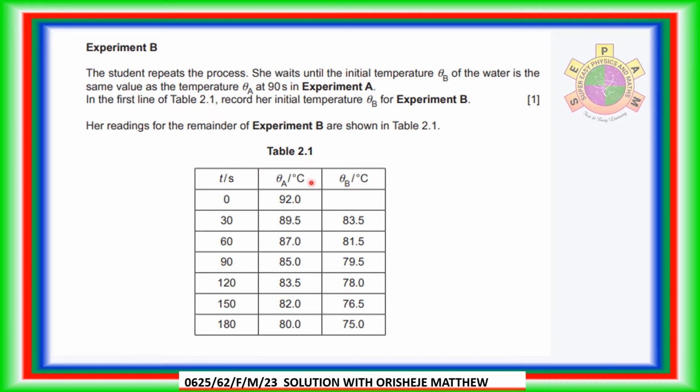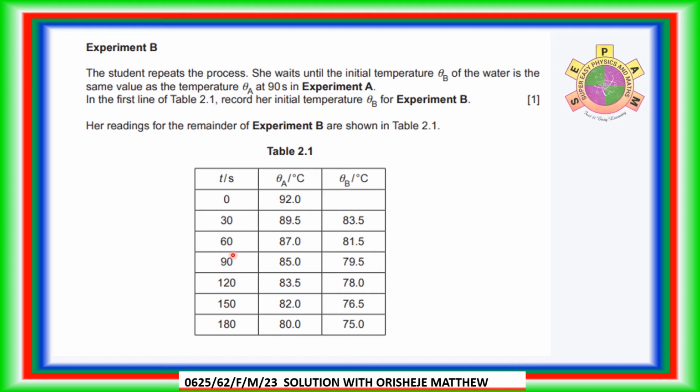So the first beaker that she used had the initial temperature of 92 degrees Celsius. And then she measured the temperature as it dropped every 30 seconds. After the first 30 seconds, the temperature dropped to 89.5. Then after 60 seconds, it dropped to 87 degrees Celsius.